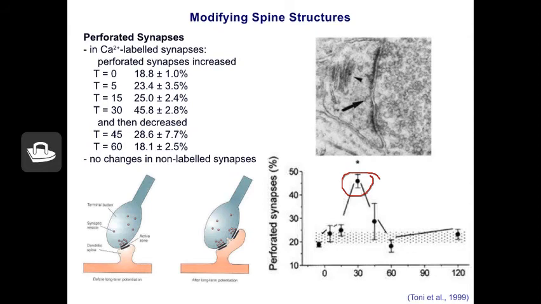But thereafter, the numbers of perforated synapses actually declined, coming back to near initial levels by 60 minutes. So, it seems that perforated synapses do not provide the permanence to the potentiation that some scholars had proposed. Of course, there were no changes across time in perforated synapses in unlabeled spines, remaining at around 5%.